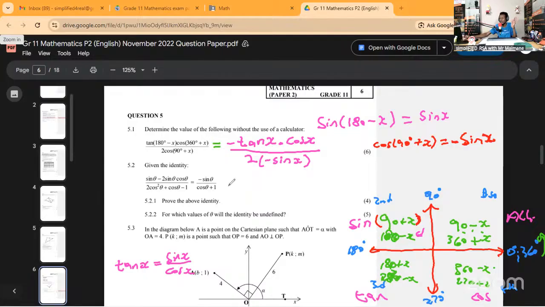I know that these negatives are going to get rid of each other anyway. So I can put my second step as negative sin x over cos x times cos x all over negative 2 sin x.